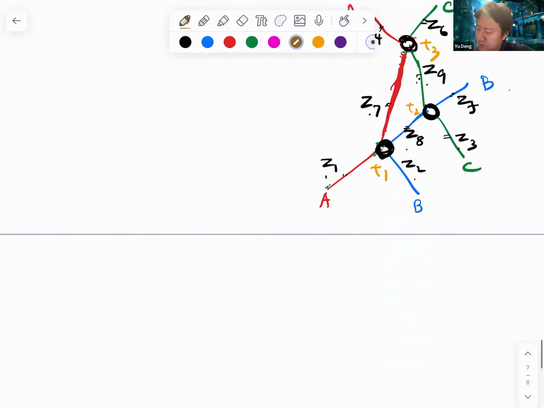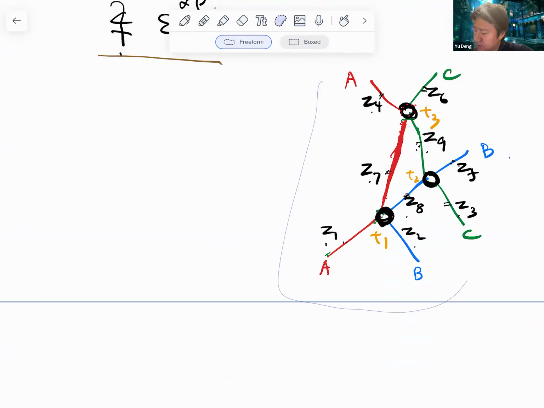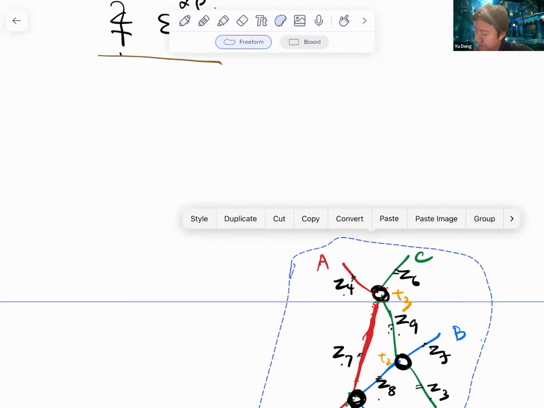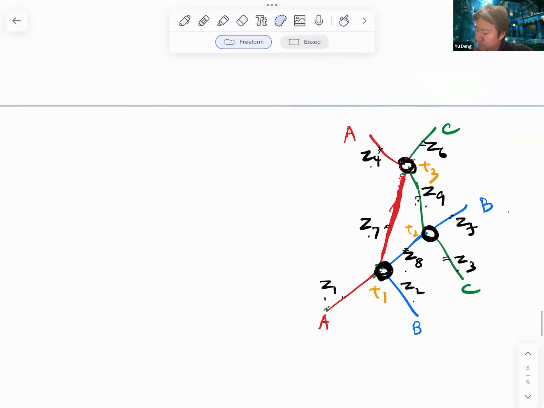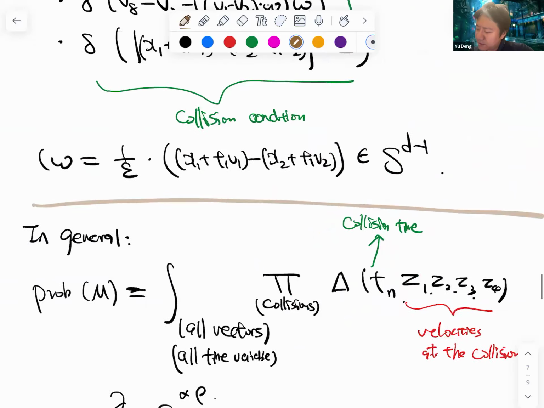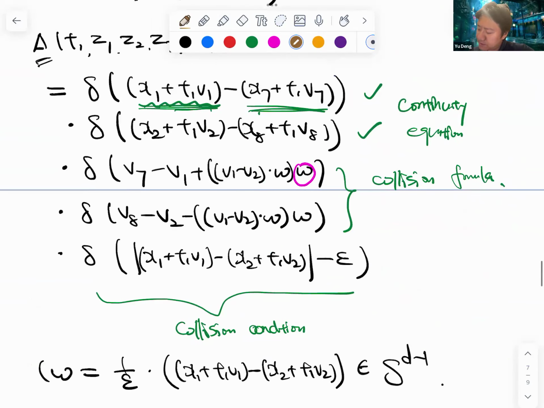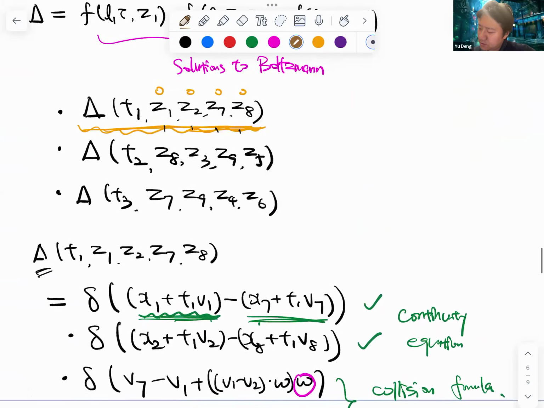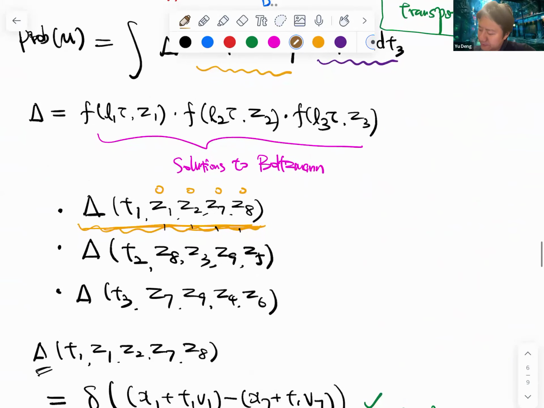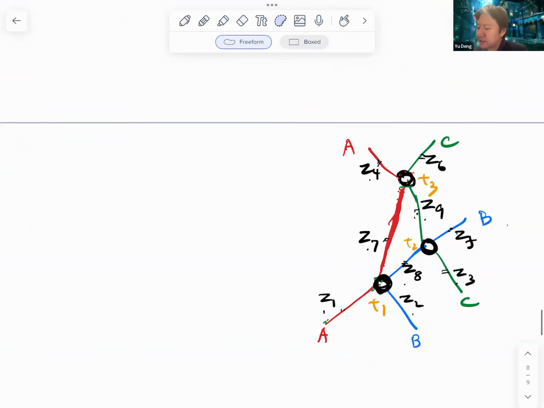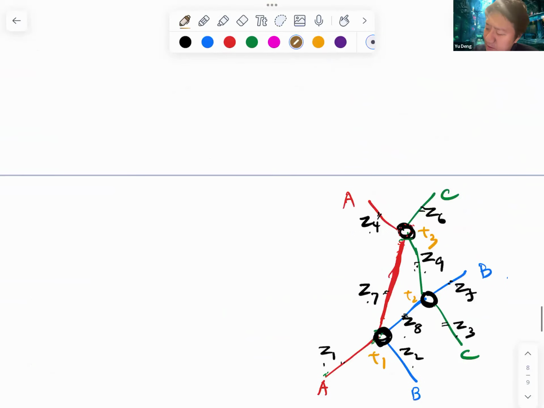So actually, let's move it down here. And we have this. Because these delta functions are the main thing, so say probability.